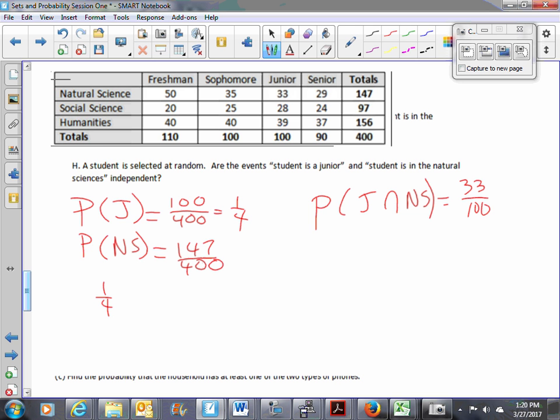So let's see what we get: 1/4 times 147 over 400 is 147 over 1600, which is not equal to 33 over 100. These two are not equal, so therefore the answer again is no.